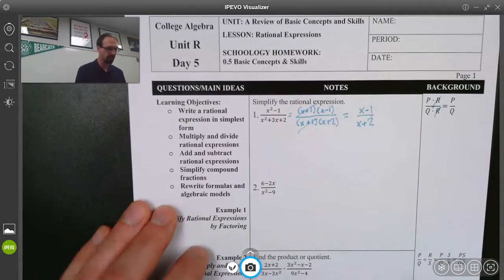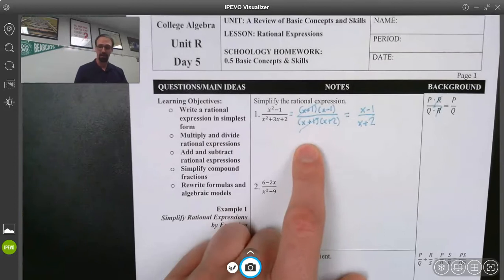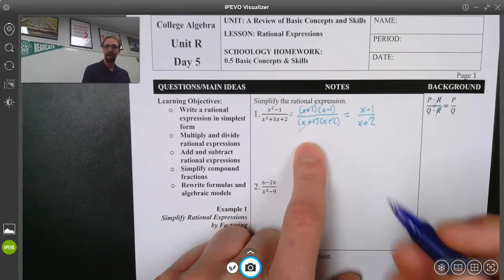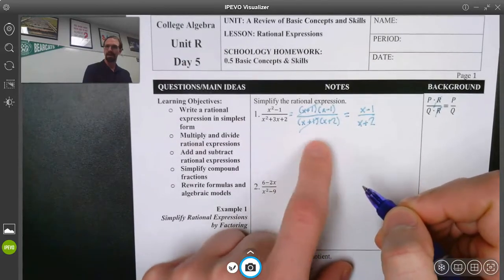One of the things that I want to point out is we've created a situation where we can't divide by 0 ever. So just pointing it out now, we actually can't have x being a value of -1 or -2. Now, how did I get those values?